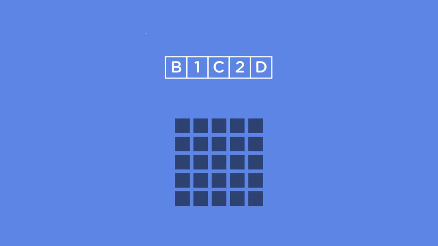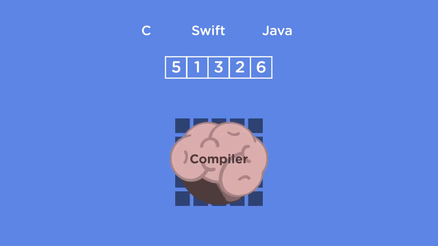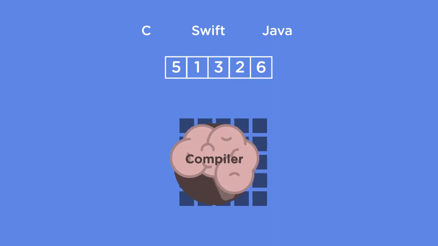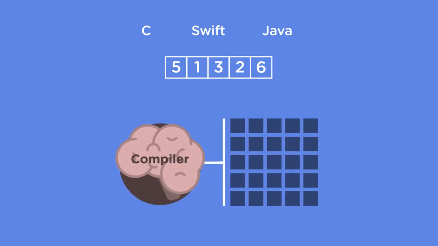For example, in a language like C, Swift, or Java, where arrays are homogeneous, when an array is created, since the kind of value is known to the language compiler, and you can think of the compiler as the brains behind the language, it can choose a contiguous block of memory that fits the array size and values created. If the values were integers, assuming an integer took up space represented by one of these blocks, then for a 5-item array, the compiler can allocate 5 blocks of equally sized memory.